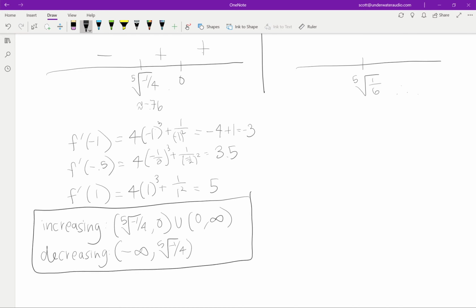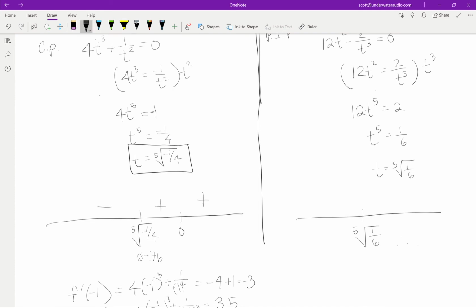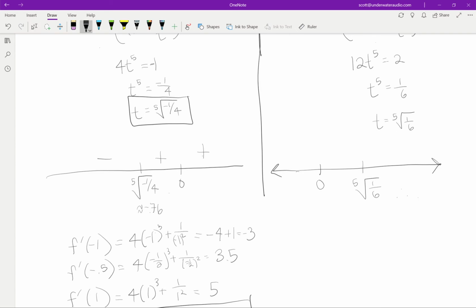Okay, let's move on over to the right and work on the intervals of concavity. Just like before, I need to remember where 0 is on my number line because it's broken up there as well. Let's approximate this. The fifth root of 1/6 is approximately 0.73.